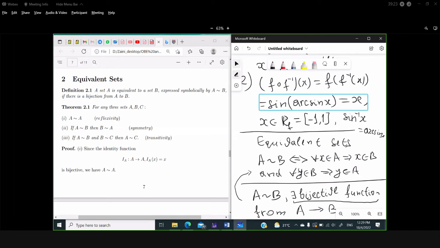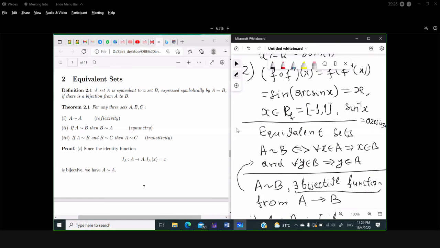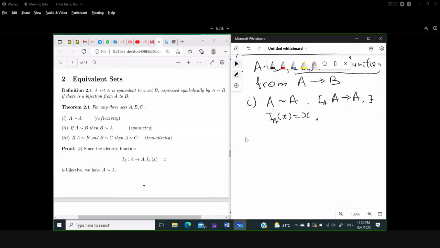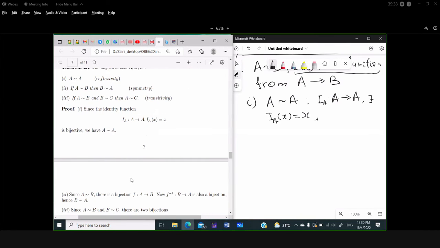Okay, thank you. So now please pay attention. The first proof of this theorem is easy. What about now the second part of theorem 2.1? Here the proof of the second one goes like this.